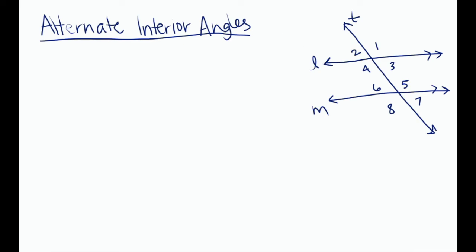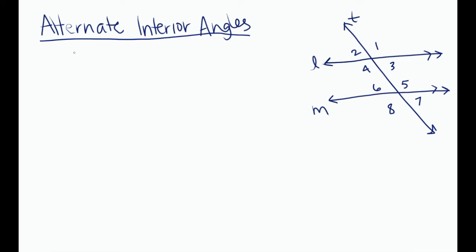When we talk about alternate, we mean kind of opposite sides of something. And when we talk about interior, we're talking about something on the inside. So we are going to be talking about angles on the inside of our parallel lines and on opposite sides of our transversal. So that means let's look at 3, 4, 5, and 6 and see which ones are kind of on opposite sides of the transversal here.